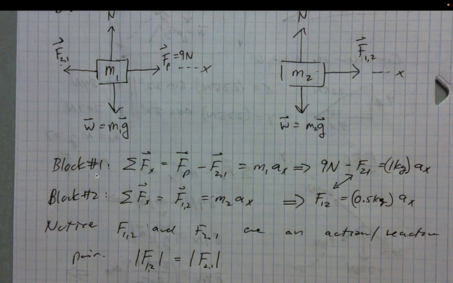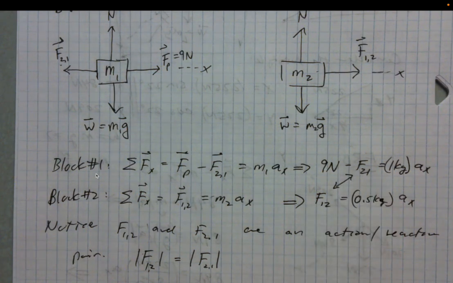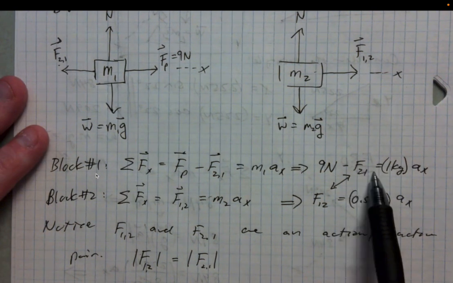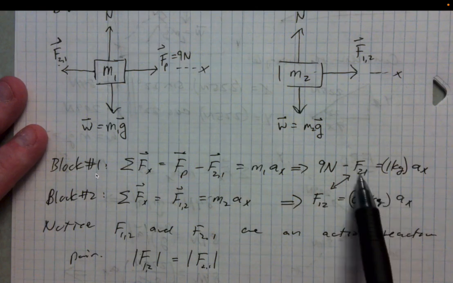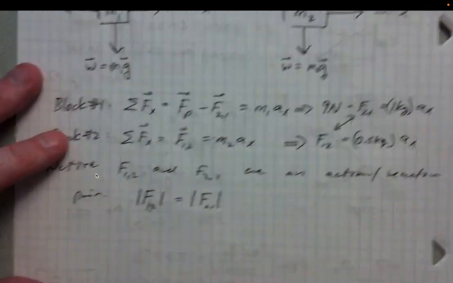And so what that basically means is that we can replace one with the other, right? Whatever's convenient, we can plug in, they have the same magnitude. We're only talking about the x direction, all the forces in the x direction. So we can just swap them, can't we? Right, so instead of writing F21 here, we could write F12. So let's make our system look like this.